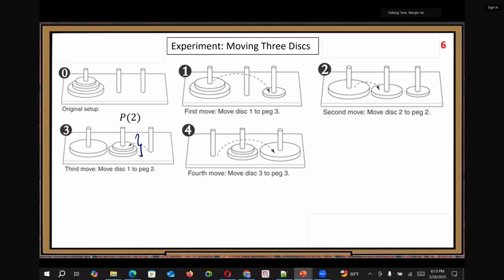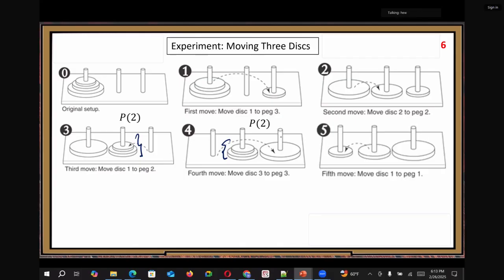After that, we apply the 2 disks solution another time to solve the whole problem, because here you need to move these 2 disks onto that destination peg. That's another P of 2 solution.